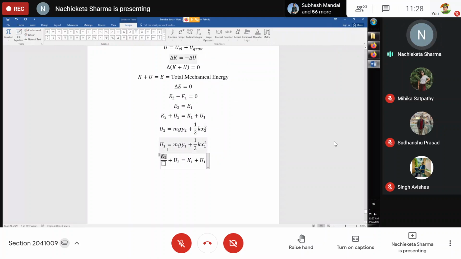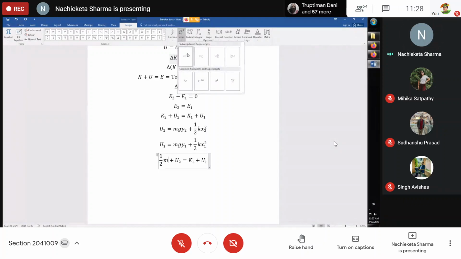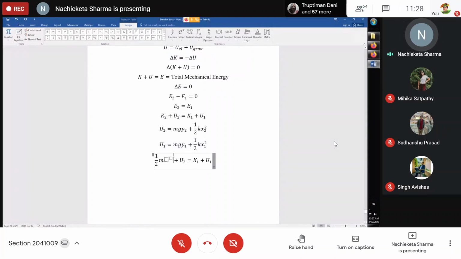So this will become 1 by 2. Suppose it has mass m and it is moving with a velocity v2. So this will be v2 square.